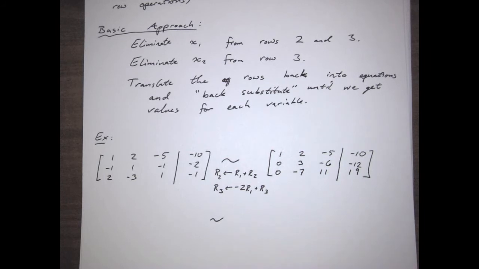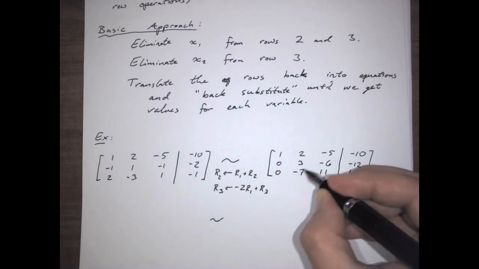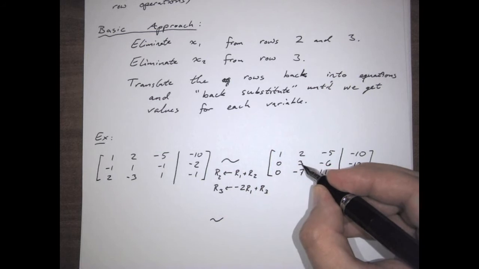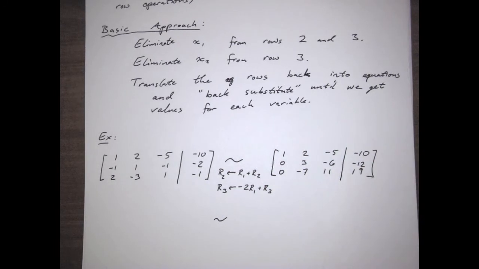So now our goal in this is that we want to try to cancel out the x2 from row 3. Now you'll notice it is not a convenient thing for us at this point to multiply this by something in order to cancel that as yet.